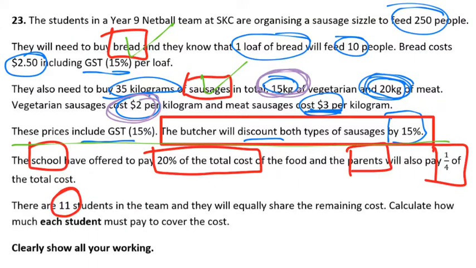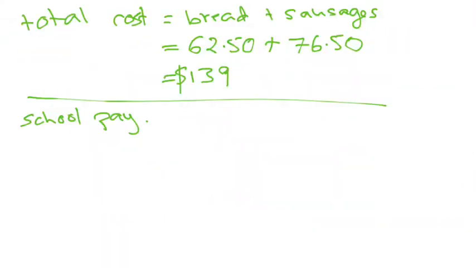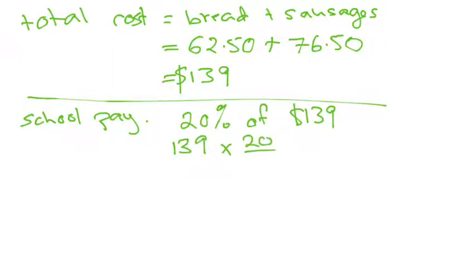So they said school will pay 20% of the total cost. So the school is going to pay 20% of that total cost of $139. So we are going to do 139 times 20 over 100, and that will give us $27.80.